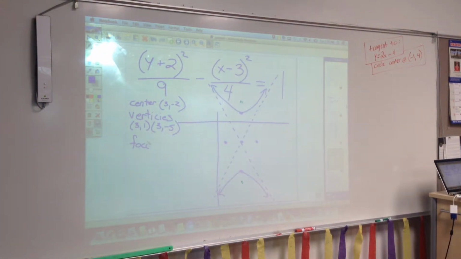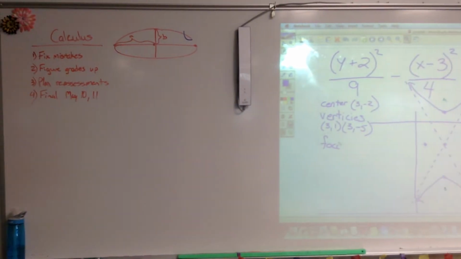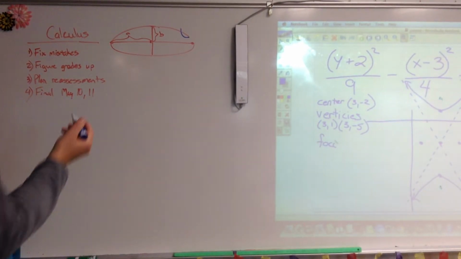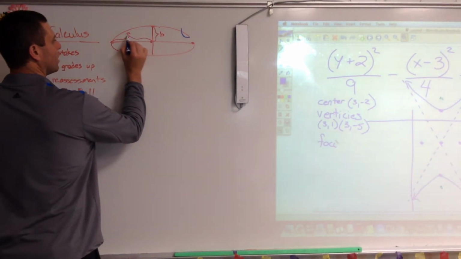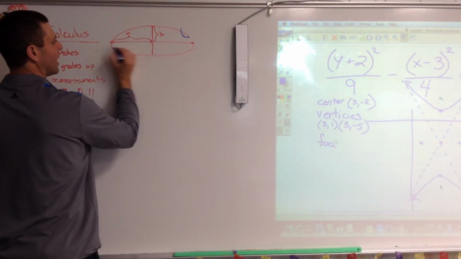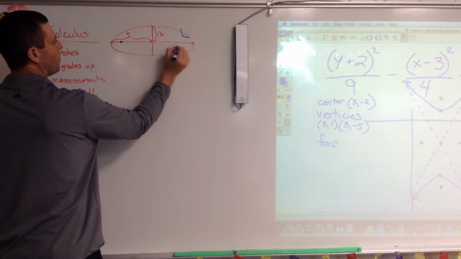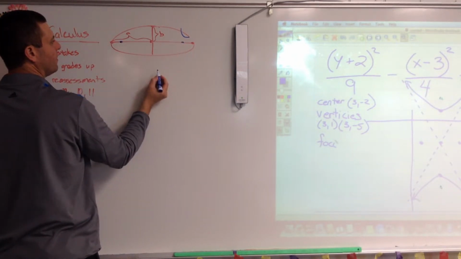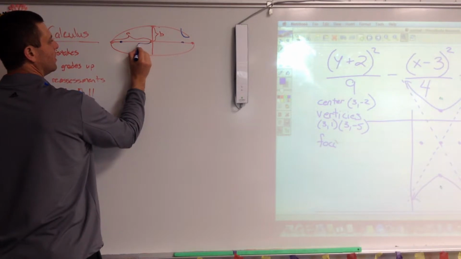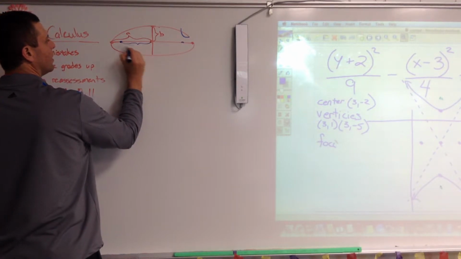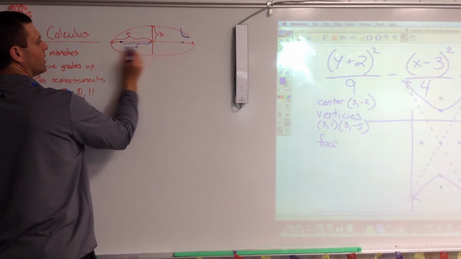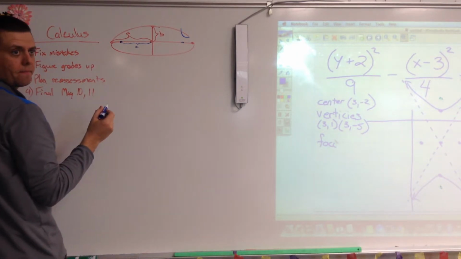Remember on an ellipse, A was half the length of the major axis, B was half the length of the minor axis, and remember the foci fell somewhere right in here, and C was the length from the center to the focus, right?